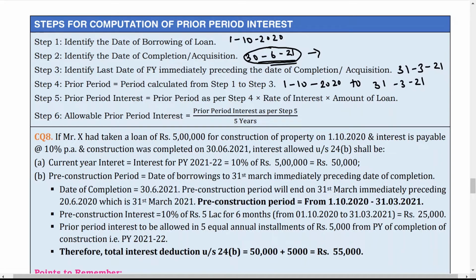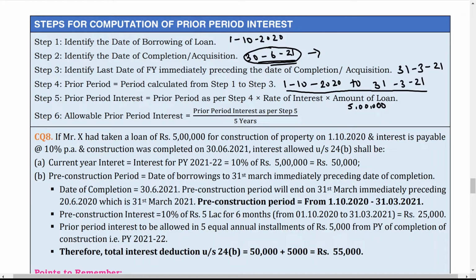Now, the next step: prior period interest means the prior period as per step number 4, multiplied by the rate of interest and the amount of loan. What is the amount of loan here? The amount of loan is 5 lakh, that is given in the example.